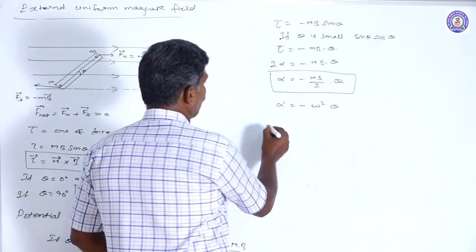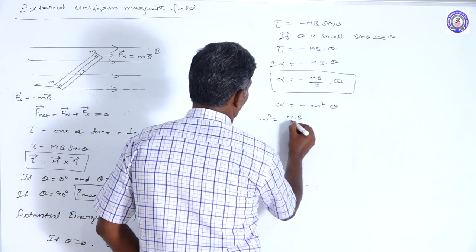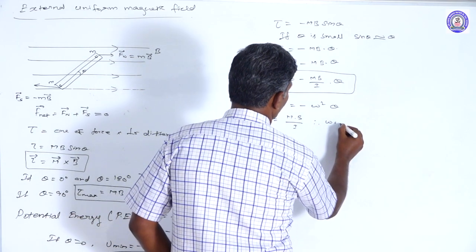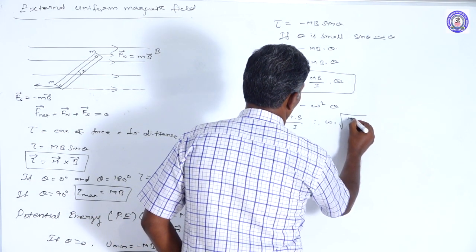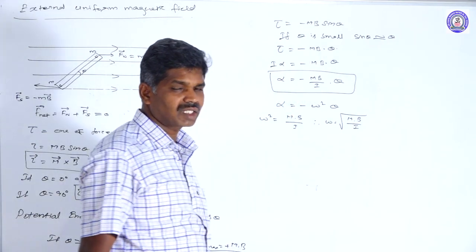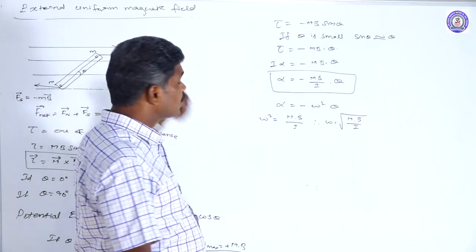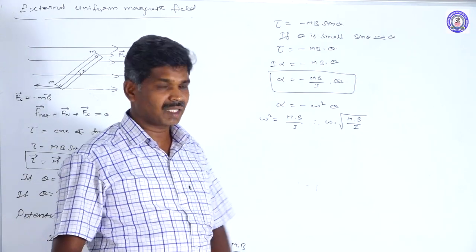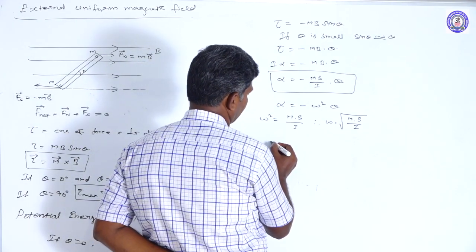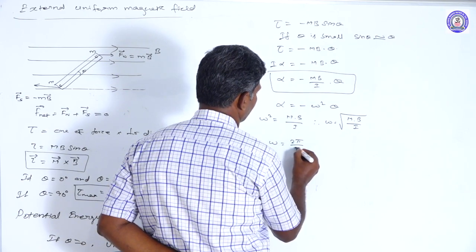That's why omega square equal to mB by I. Therefore, omega, the angular frequency, is equal to square root of mB by I. From that, we can find the time period of the oscillating magnet in our external magnetic field, then the time period we can relate, that is omega is equal to 2 pi by T.